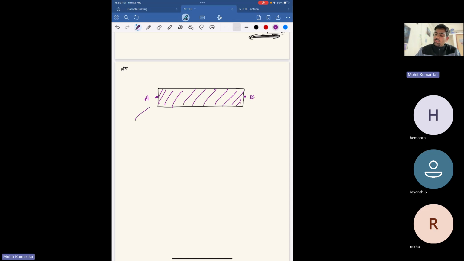As soon as you turn on the supply, what will happen? The water molecule here will push the next molecule, that molecule will push the next one, and the water at B will come out instantaneously. But there will be a time lag for this particular particle to reach from point A to point B. It's like a tube fully filled with electrons.